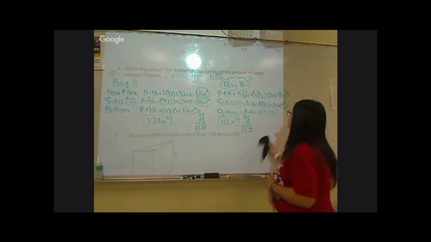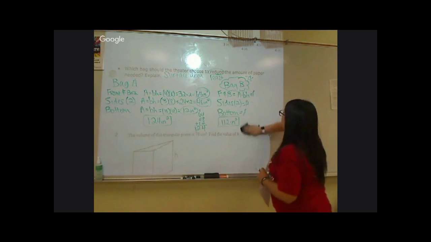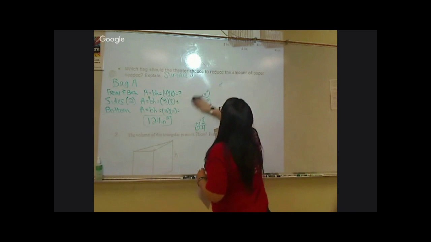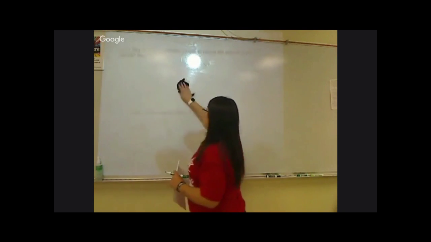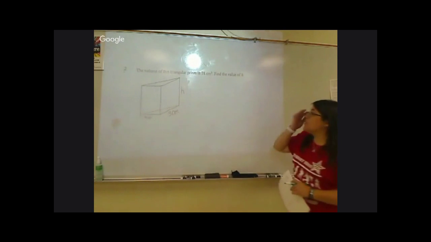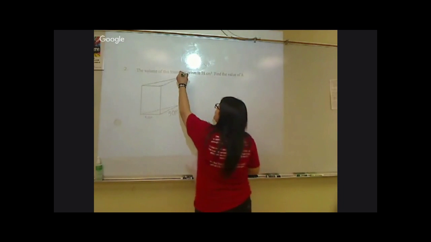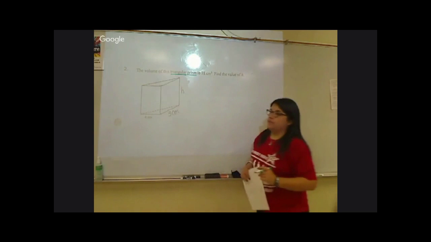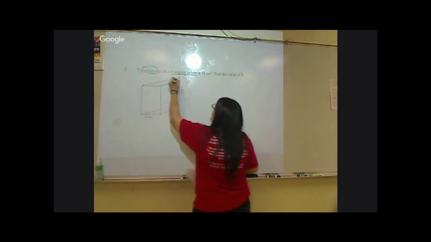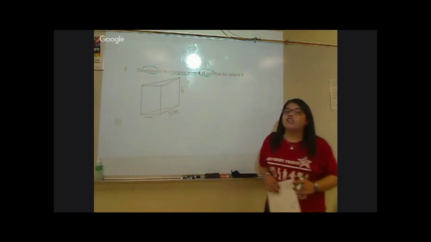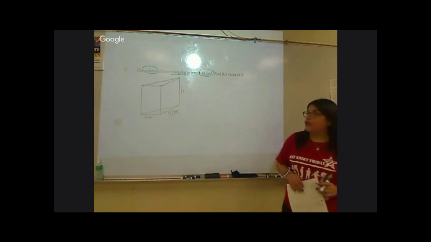Let's look at number 2. All right, so we have a triangular prism this time. And it tells us that the volume of that is 78 cubic centimeters.